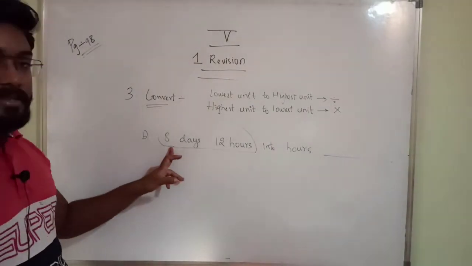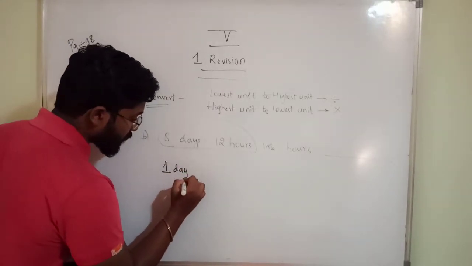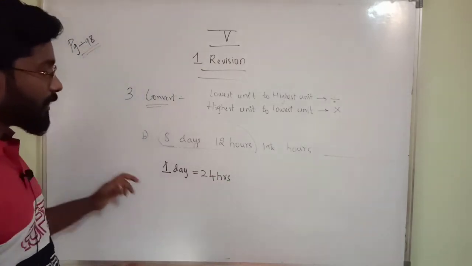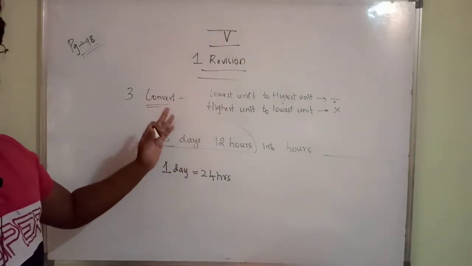So these are days. 1 day equals how many hours? 24 hours, no? So you have to multiply 24 with 8 because 8 days are there, no? You have to convert into hours.